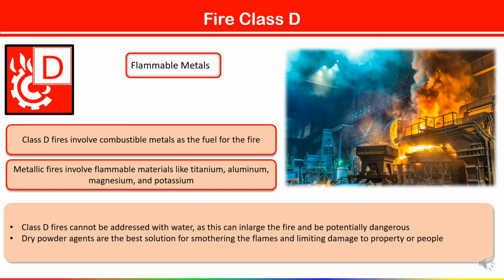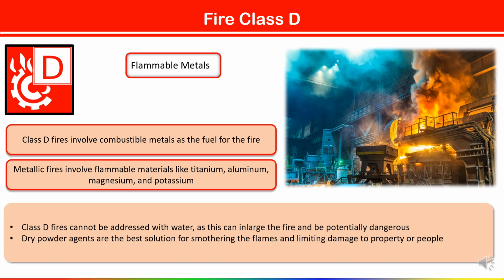Because remember, this dry powder extinguisher contains agent specifically designed to handle combustible metal. So the powder forms a layer over the metal, cutting off the oxygen and dissipating heat, because we know that for fire we need three parameters. What are they? Fuel, heat and oxygen. So if you cut off the oxygen, automatically the fire goes out.